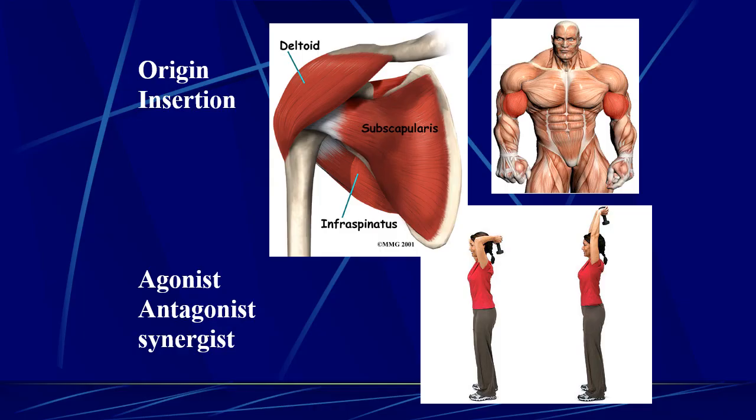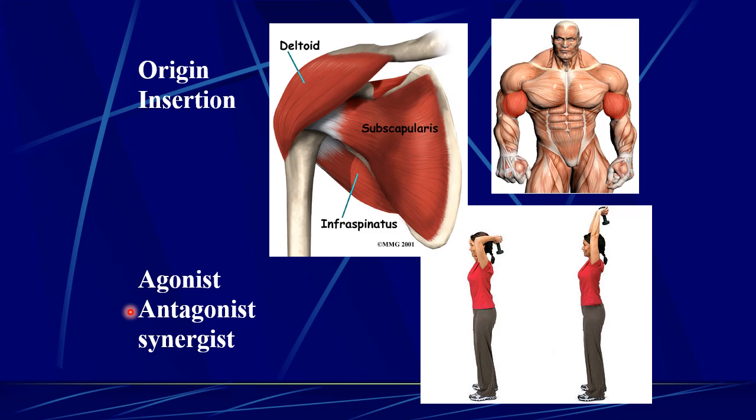All right, so here are a few more pictures of the muscles. Here you have your deltoid muscle and subscapularis under the scapula, and the infraspinatus muscle, and I'm not asking you to know that one. Other ways of looking at what muscles are doing is by looking at their functions.